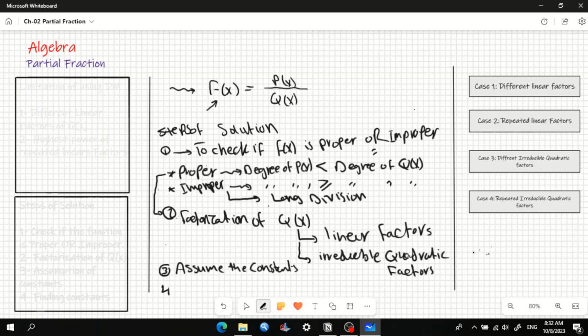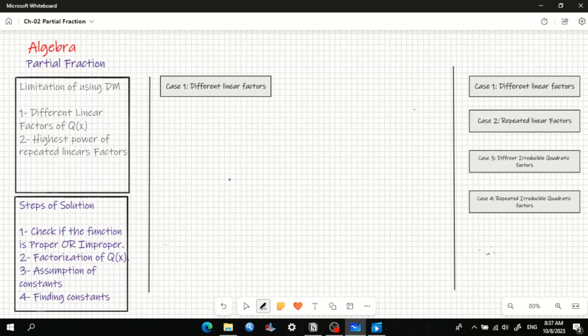And fourth, to find the constants by the three methods we talked about before. Just write this here to follow the steps of solution, and move to our four cases of factors.